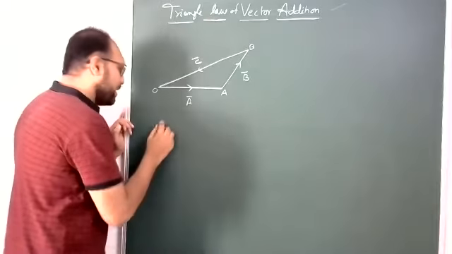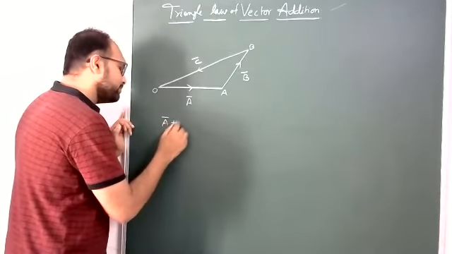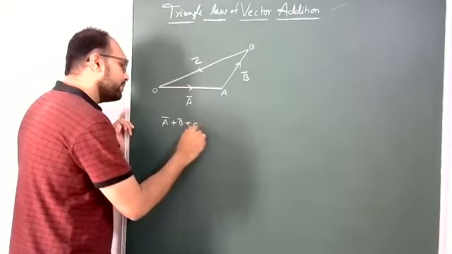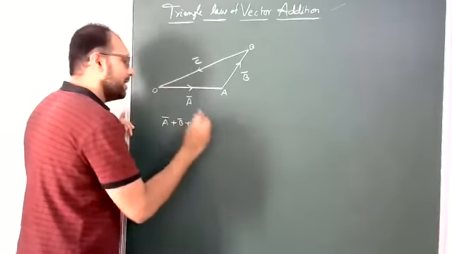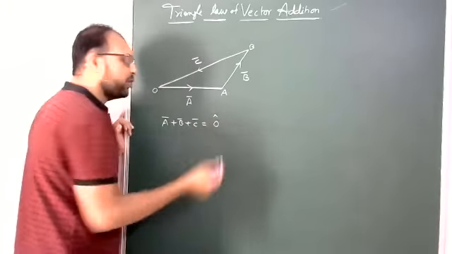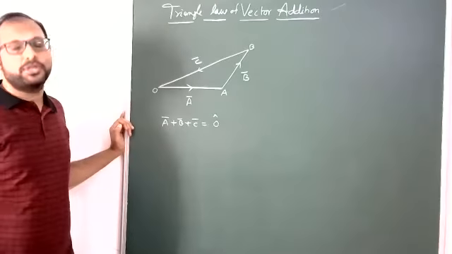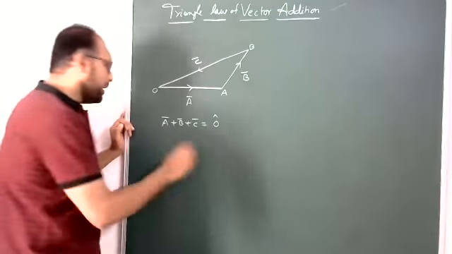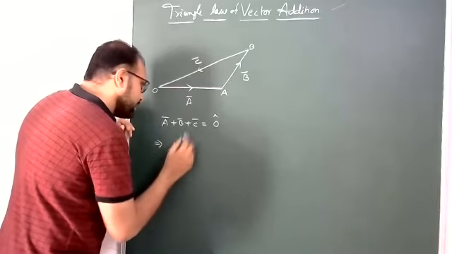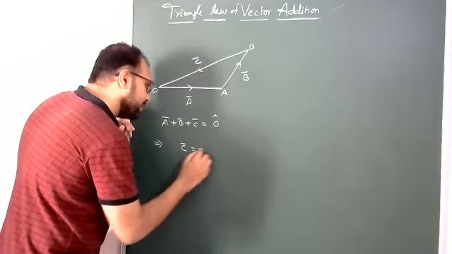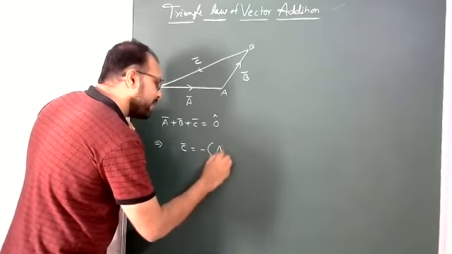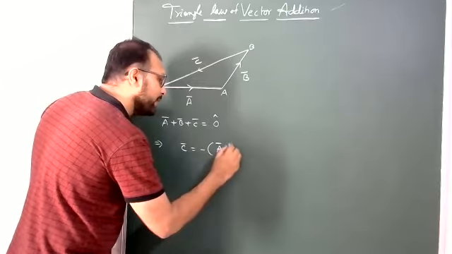So that's why A bar plus B bar plus C bar is nothing but zero, the representation of a null vector, meaning magnitude zero. Now C bar is nothing but minus of A bar plus B bar.